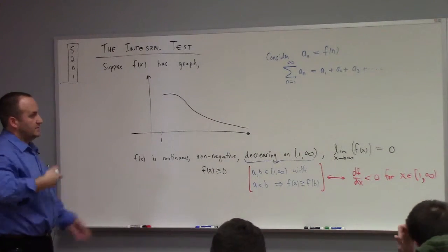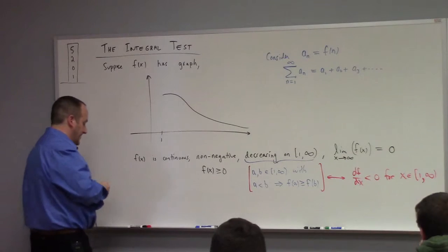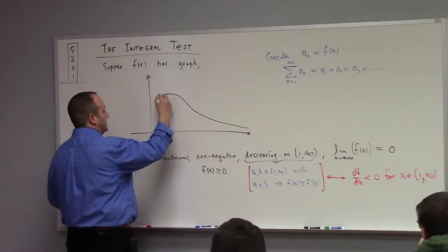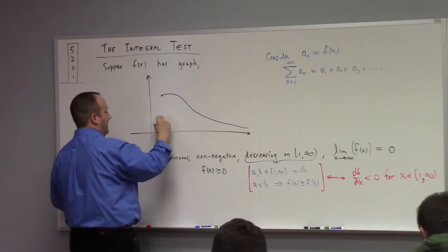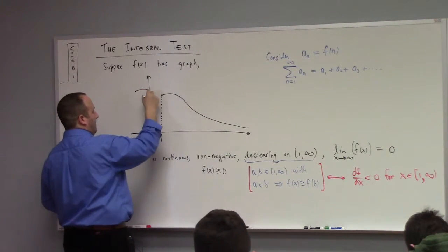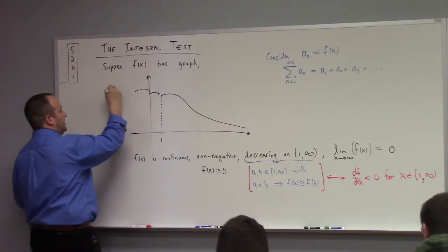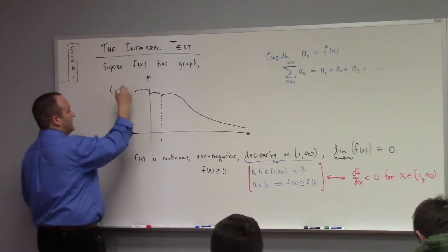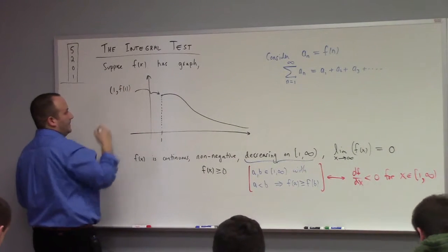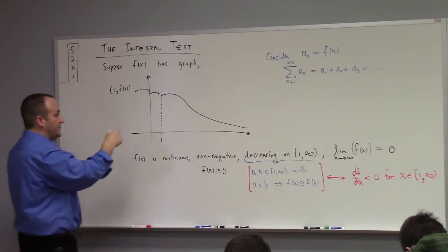So what's the first point on my graph as I've drawn it here? That point is 1, comma what? f of 1, yeah? Because I'm looking at the graph y equals f of x here, okay?